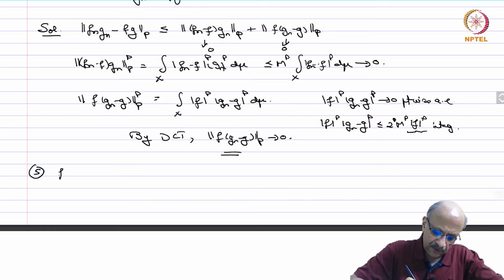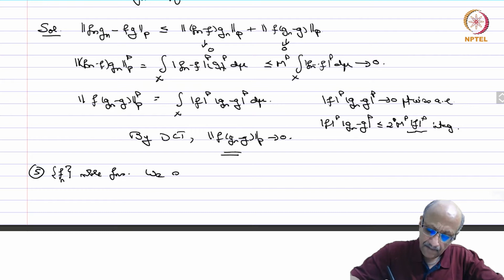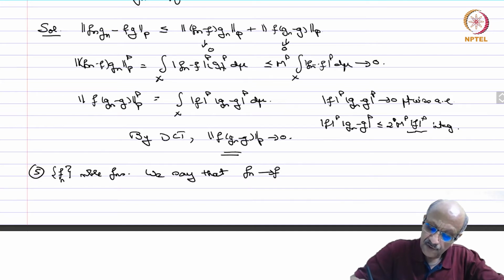So let Fn be measurable functions. We say that Fn converges to F in measure, and the notation for this is Fn goes to F in mu.